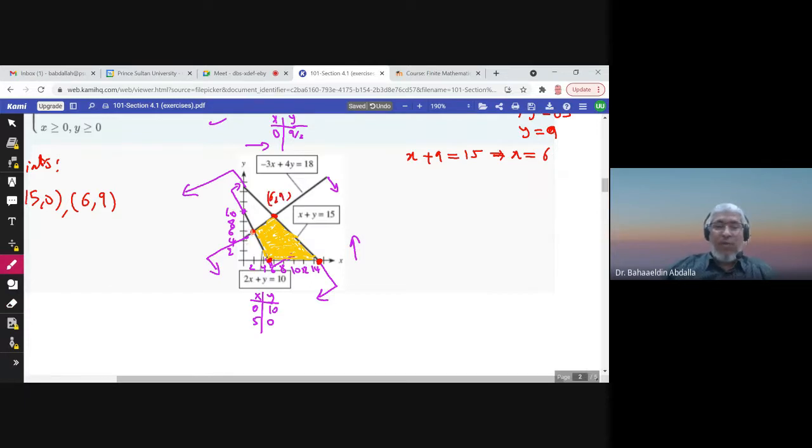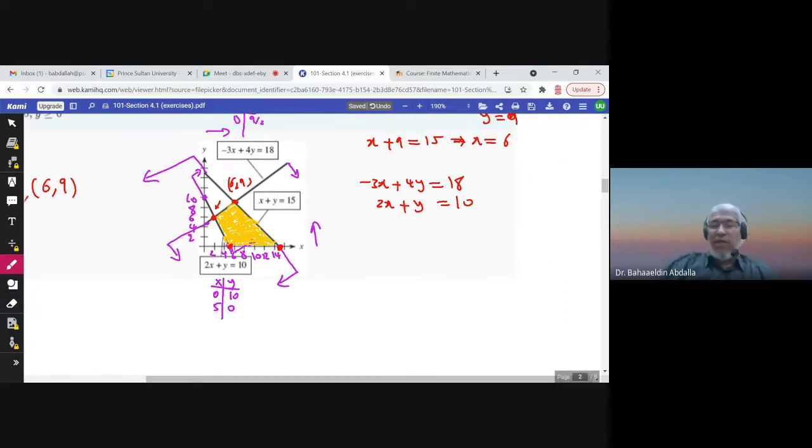Good. Now what about this point? Well, the intersection of this line again, which is negative 3x plus 4y equals 18, but this time with this line. And this line is 2x plus y equals 10. How to solve the system by elimination? Well, I will multiply the second equation by negative 4, because I have 4y here.